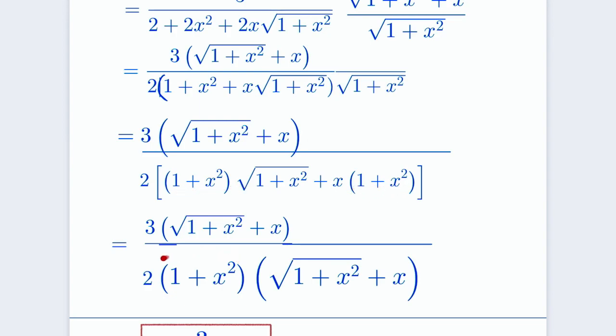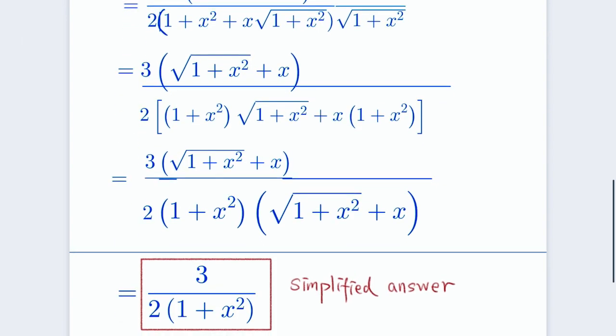So you can pull that out and put it here. And then you will have parentheses this factor and then adding this x over here. Now, once you do that, notice that this and this, they are the same. So you can divide this up and down to cancel this out. So the final answer here will be 3 over 2 times the quantity of 1 plus x squared, which is a simplified answer for the problem.